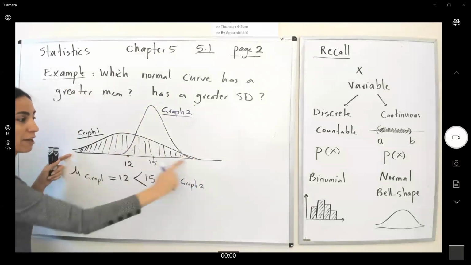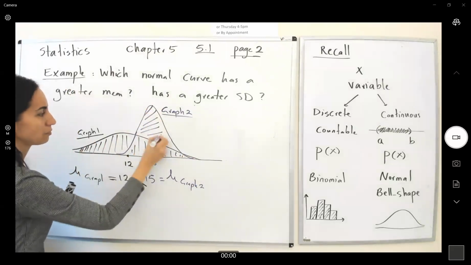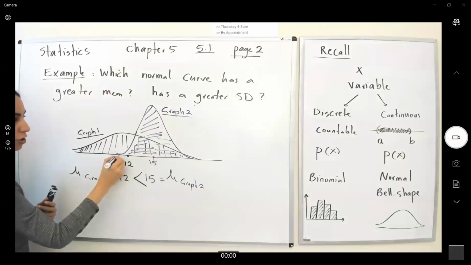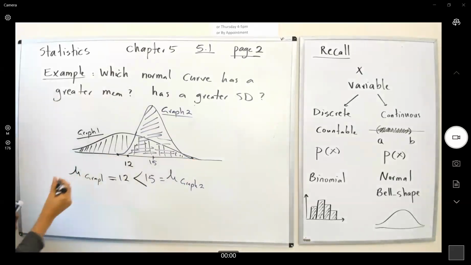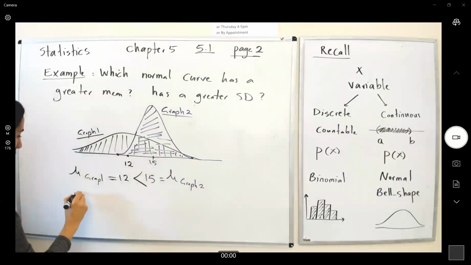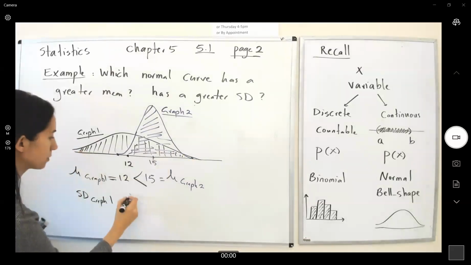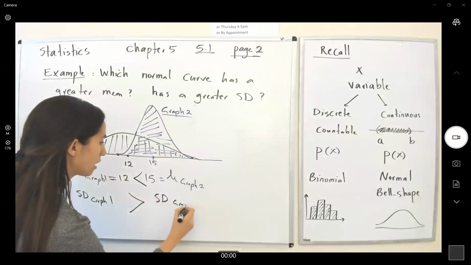It has a very huge range, opposed to the area below this graph, or the range starting from this point to this point. So standard deviation or variability, standard deviation of graph 1 is greater than standard deviation of graph 2.